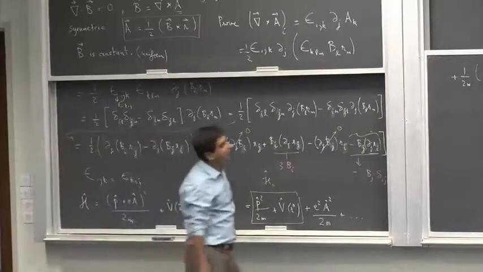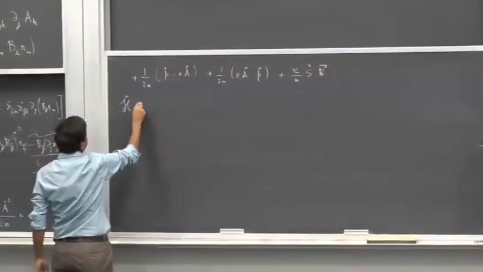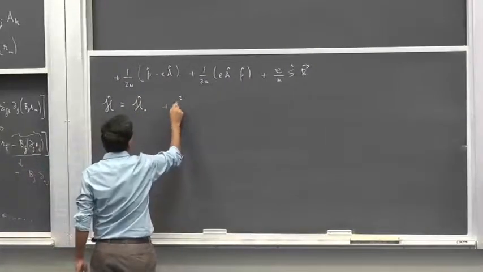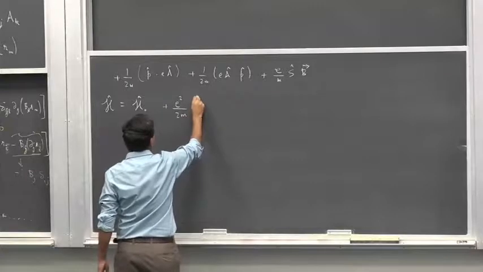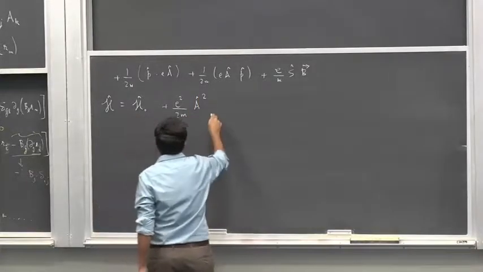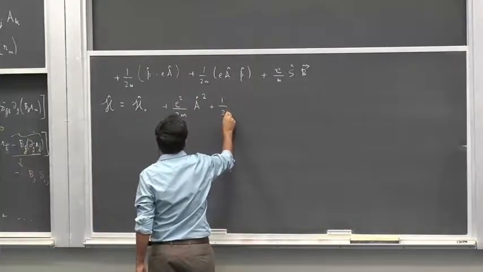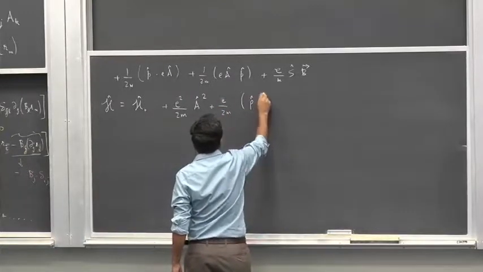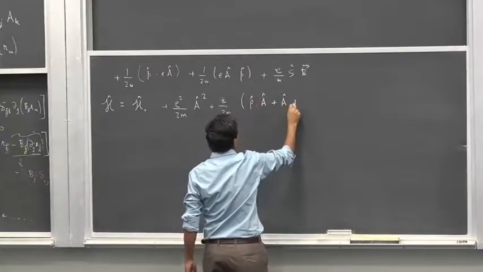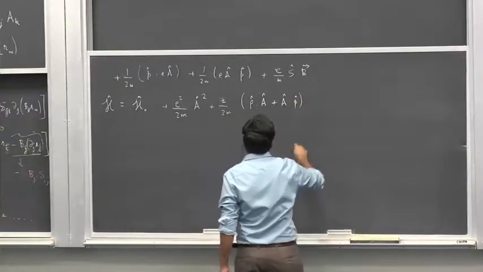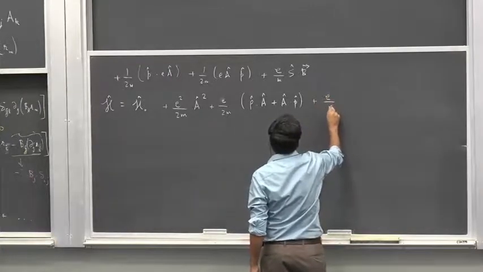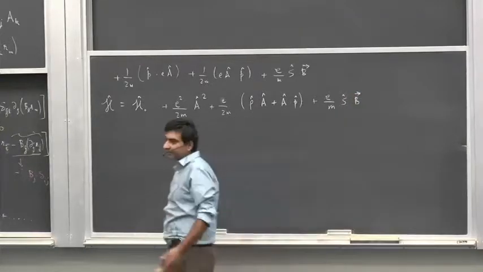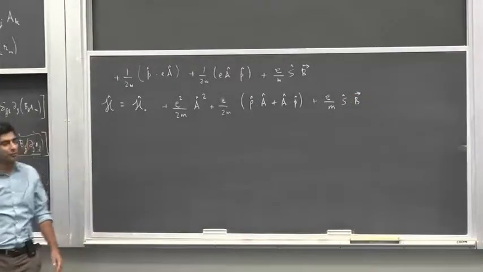So my H is now H naught plus these additional terms: e squared over 2m A squared, plus e over 2m, taking e as common, P dotted with A plus A dotted with P, plus the Zeeman term, how the spin interacts with the field itself. Okay? Now this is the term that I need to look at.